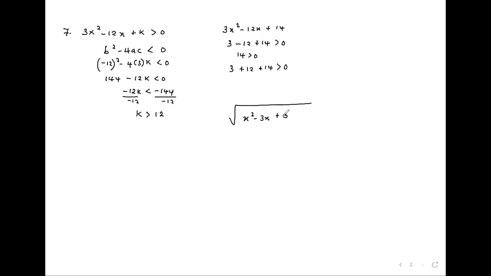We said for as long as the value of a is positive, we will require that if the discriminant is less than 0, then we'll be sure that the domain there will be all real, because the function will always lie on top of the x-axis, so for any value of x. And so that's how we determine the values of k.